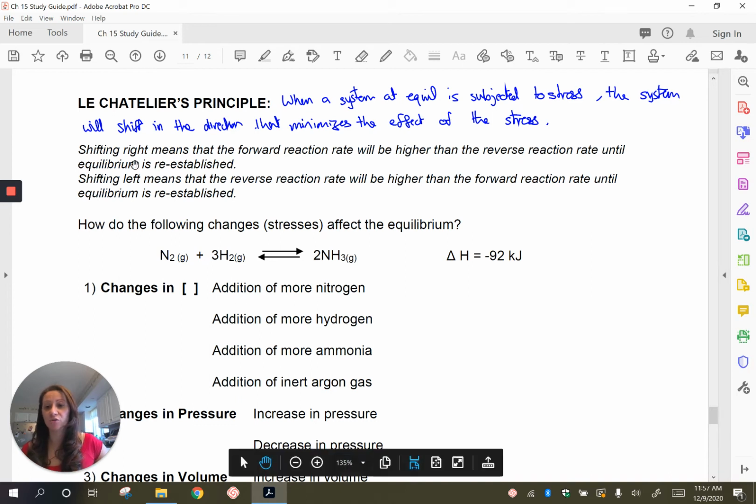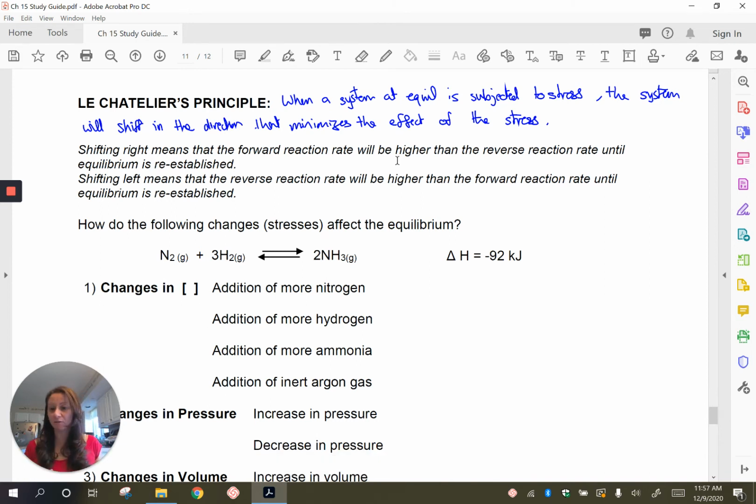If it shifts right, that means that the forward rate is faster than the reverse rate until it reestablishes equilibrium, and then you get to a point where they are equal. If it shifts left, that means that the reverse rate is higher than the forward rate for a little bit until we get to equilibrium again.